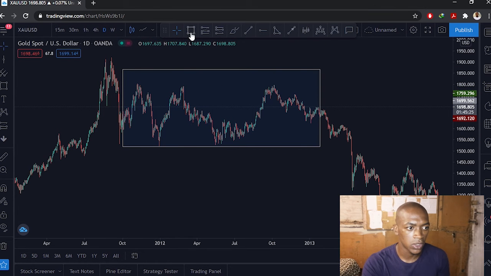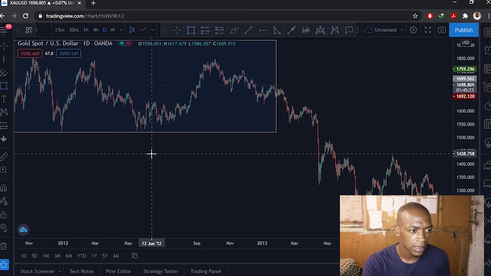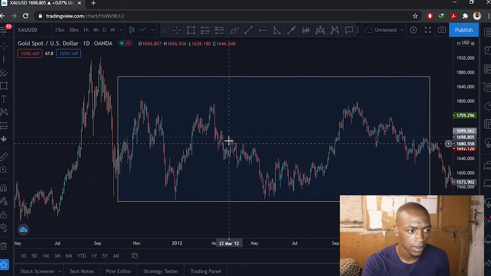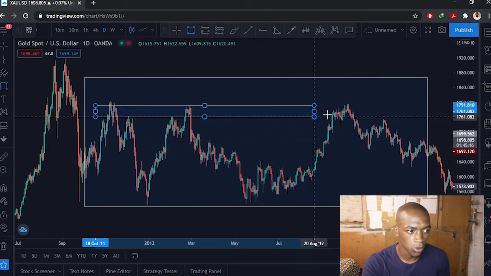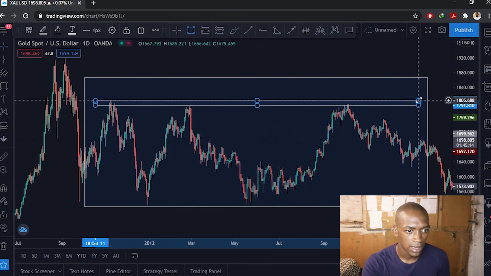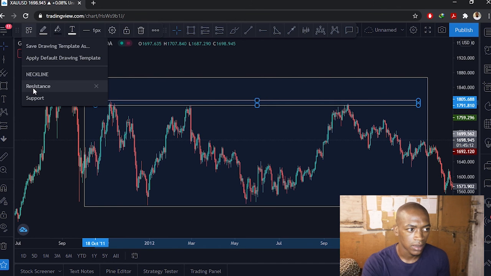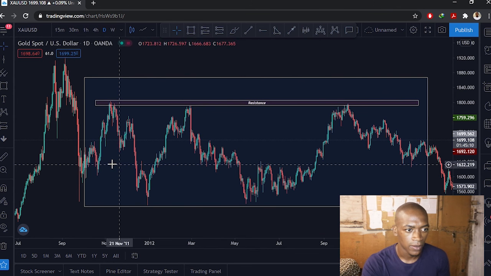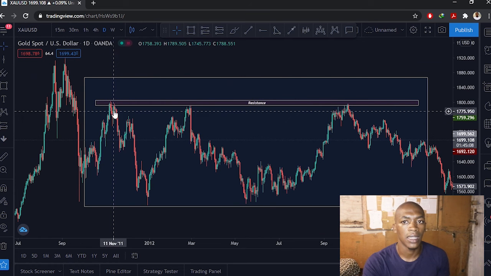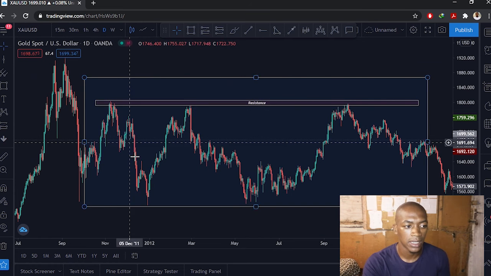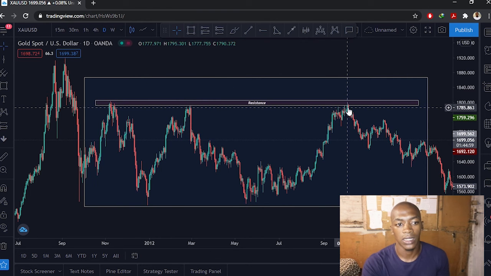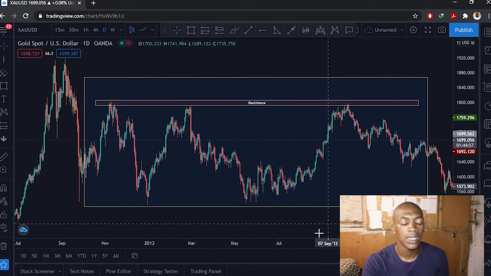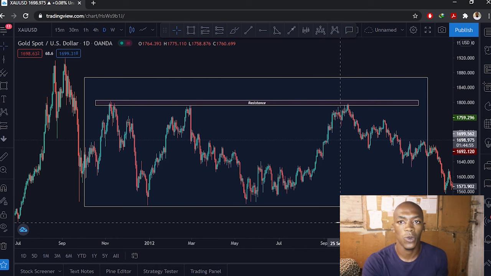We can see that something is happening whenever the price reaches this zone or this area. Every time the price reaches this point, it goes to the downside. Every time it reaches here, to the downside. When it reached here, it again went to the downside. So this is what we mean by resistance.